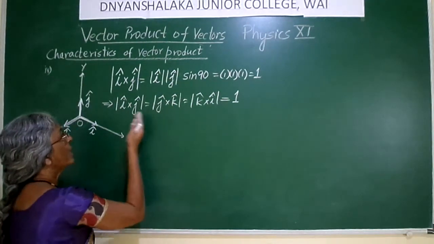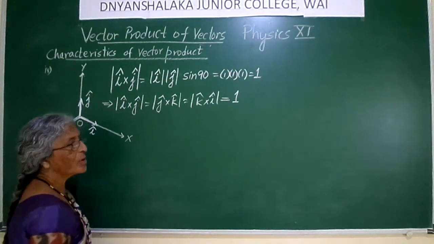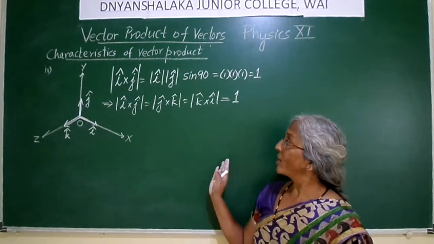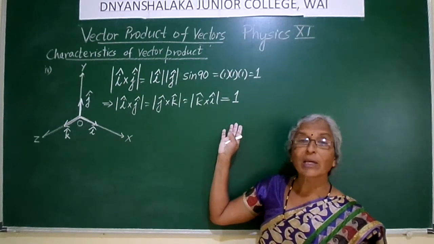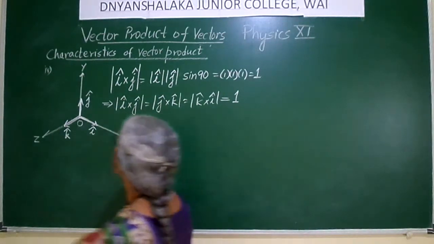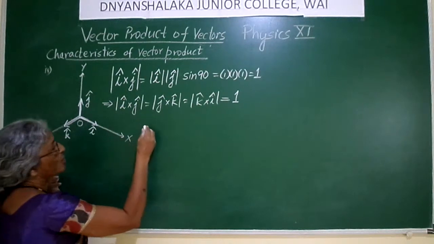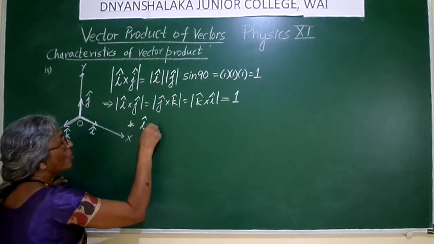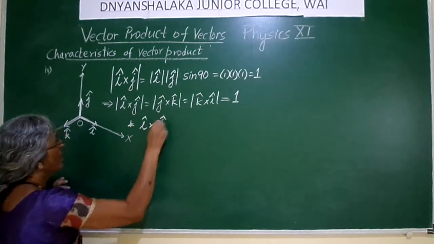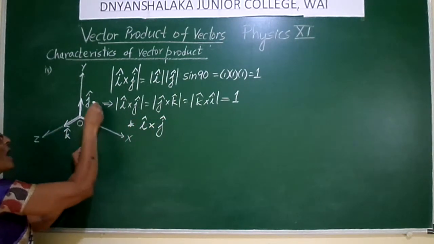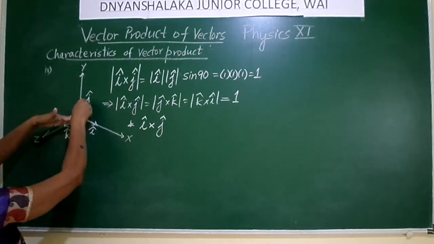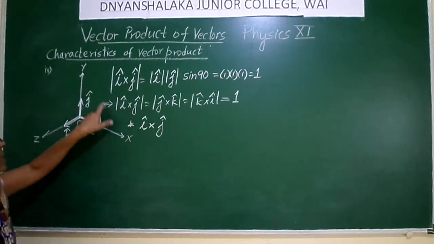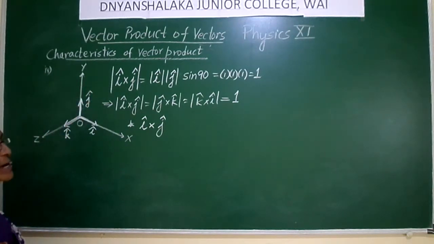Even if I take their commutative counterparts, the magnitudes are going to be equal to 1. But if I take the cross product vector i cross vector j, if I rotate from i to j, I am going to get the third vector which is perpendicular to these vectors. What is the perpendicular vector to these two? Vector k.